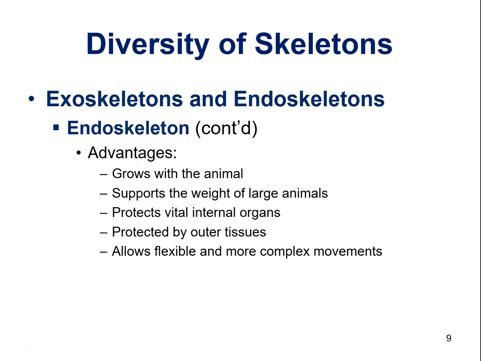In terms of advantages of an endoskeleton versus an exoskeleton, I think I've mentioned these before. An endoskeleton grows with the animal. There's no need to molt or shed it. It grows as the animal grows, and therefore will not limit its growth. It supports the weight of large animals. An exoskeleton, even if it was able to grow with the animal, would never be able to support the weight of a larger animal.